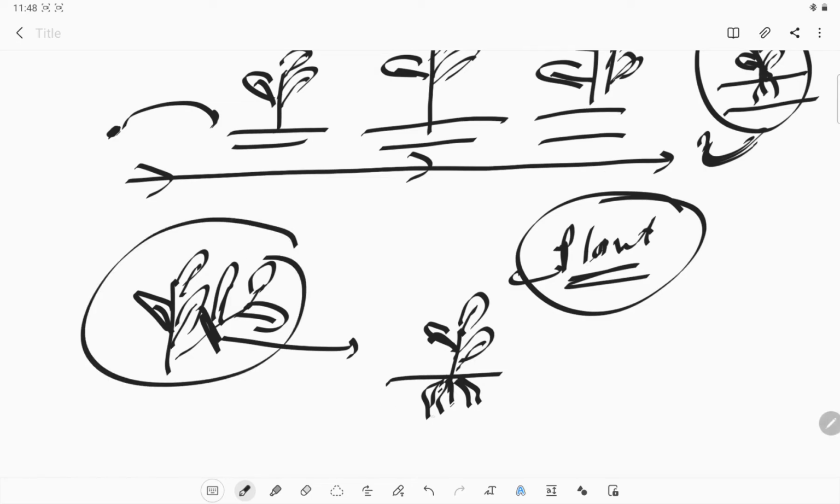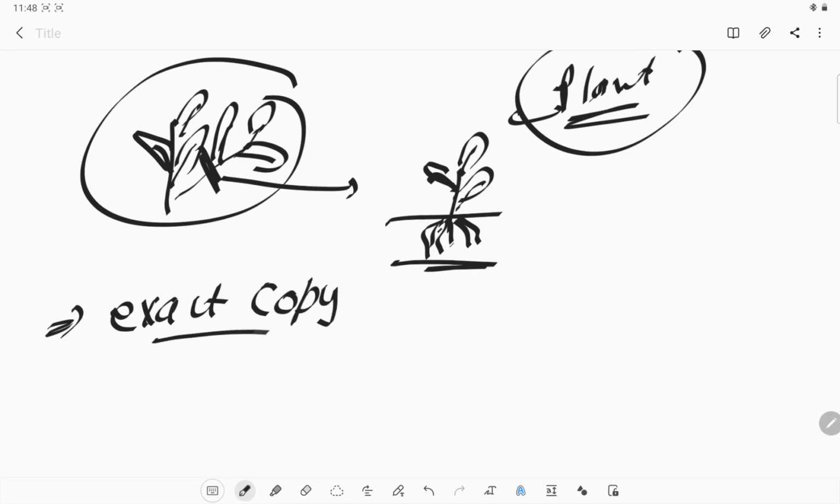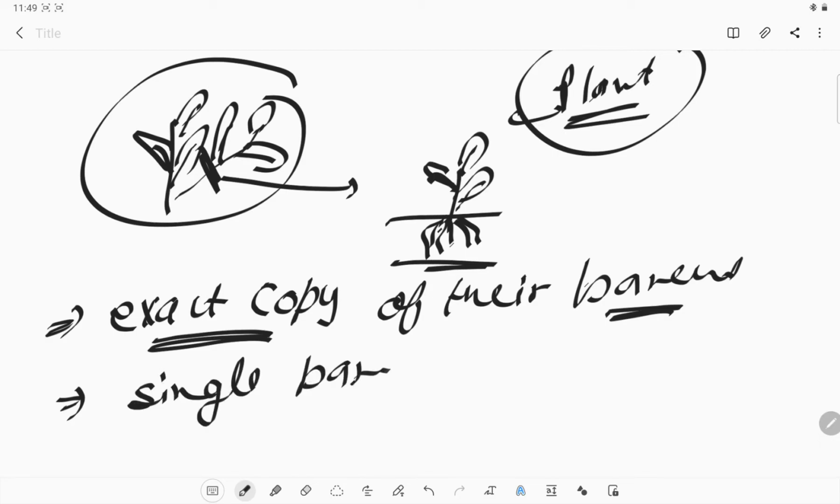So it requires very little time to grow as well as to produce a new individual. Okay, but what is the problem? They are an exact copy of their parent. All the new plants which grow from vegetative propagation are exact copies of their parents. The parent is a single parent. They do not have two parents, there is only the requirement of a single parent.